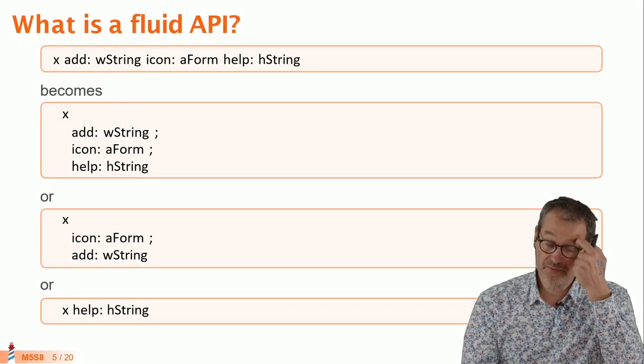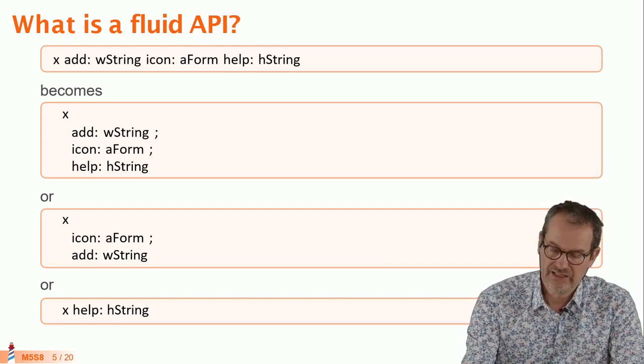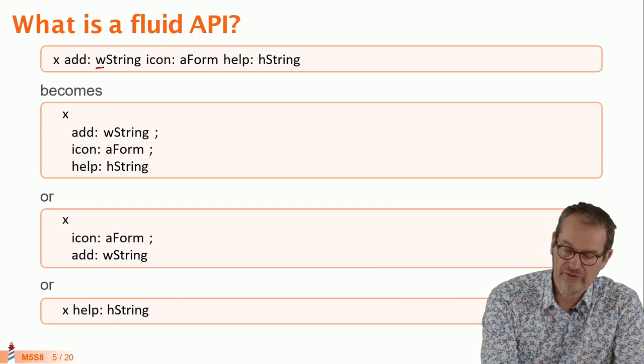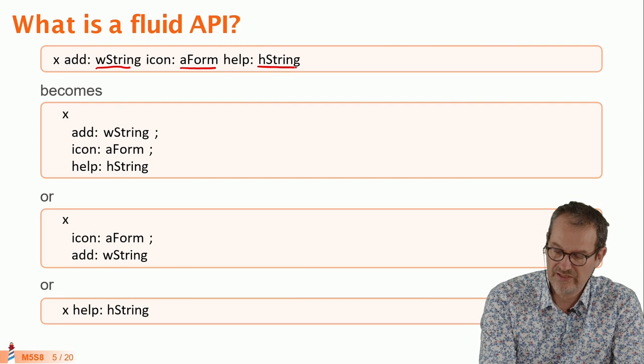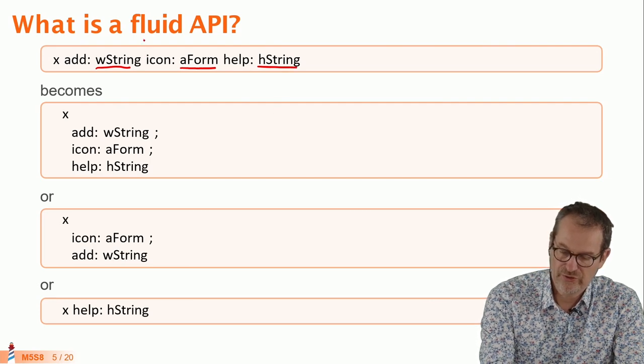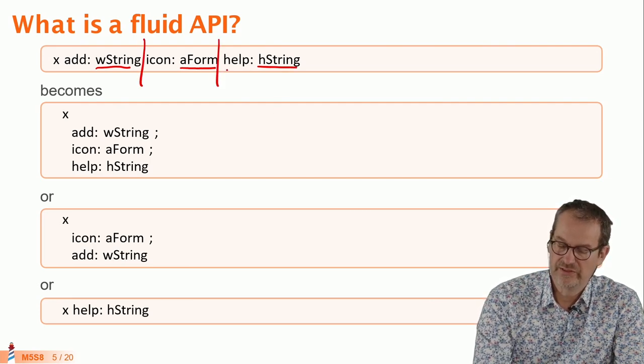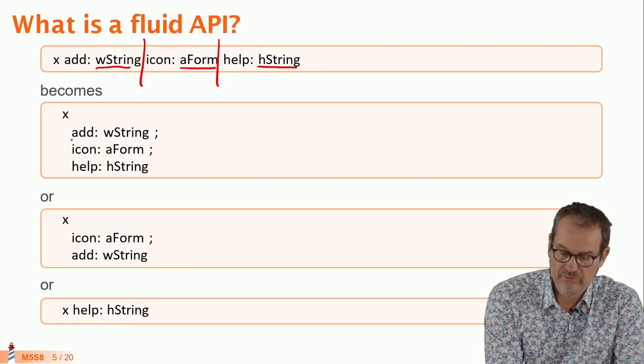A fluid API is basically this: instead of having mandatory parameters like here, we will cut these methods into separated methods. And like that, this expression will become like that.